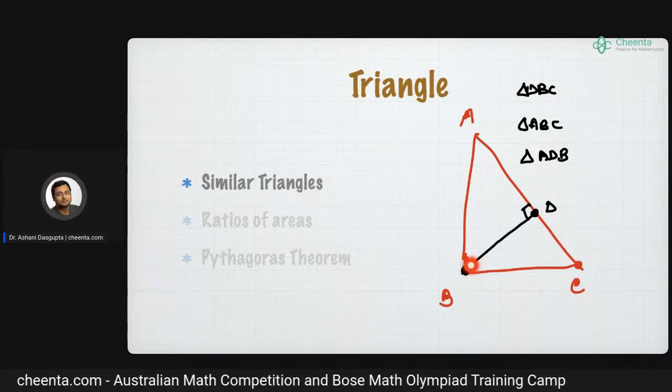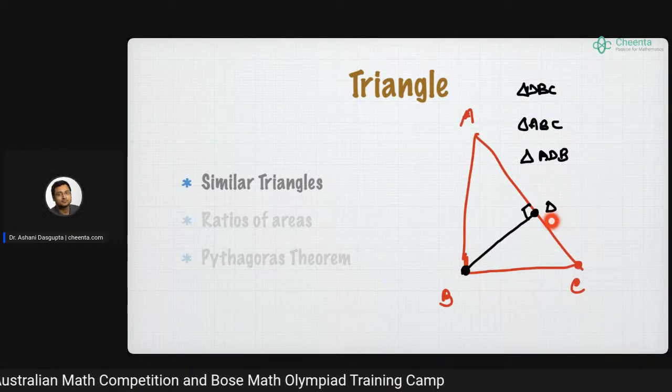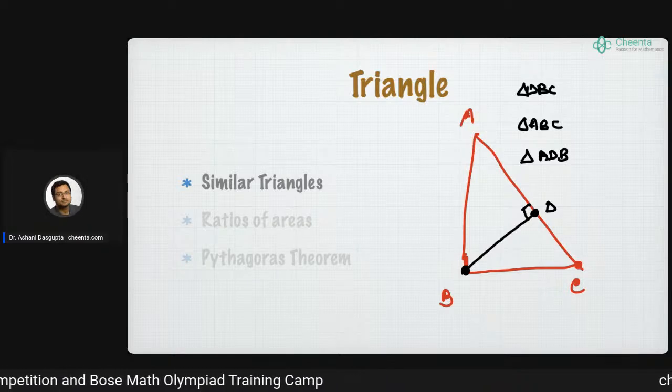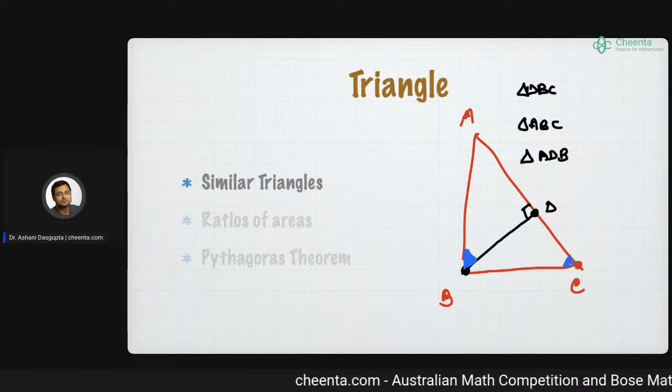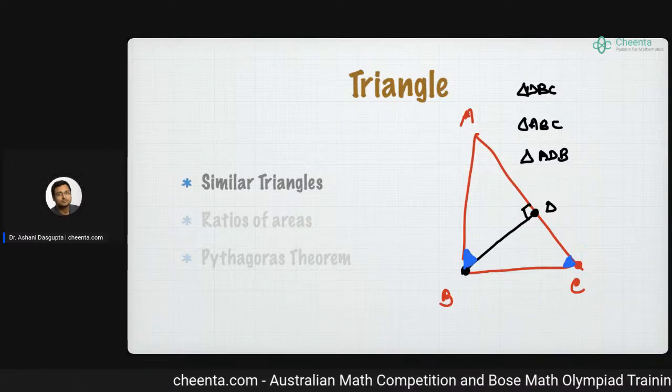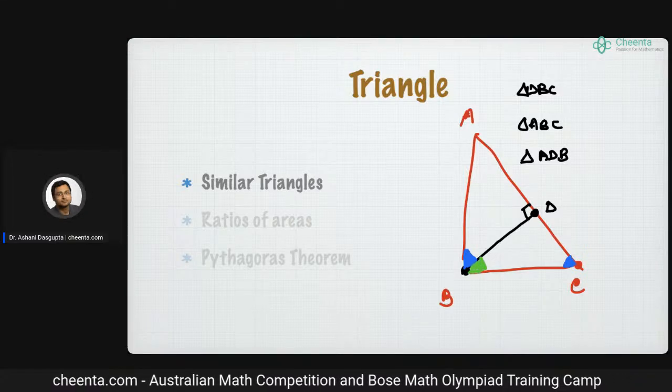This little triangle and this big triangle, all of them are similar to each other. And I can actually color code the angles. It's kind of useful when you do that. So these two angles are equal. This blue angle is equal to the blue angle.